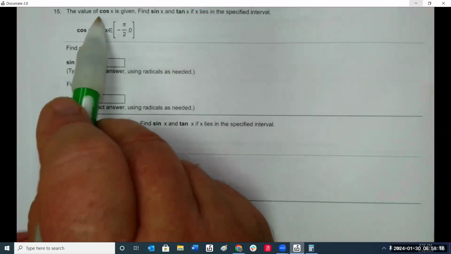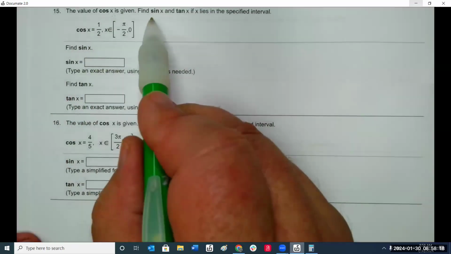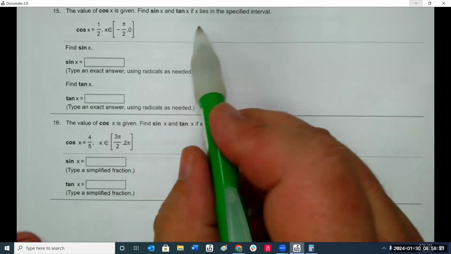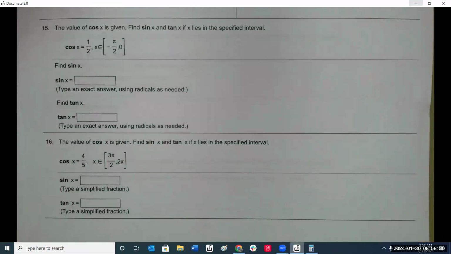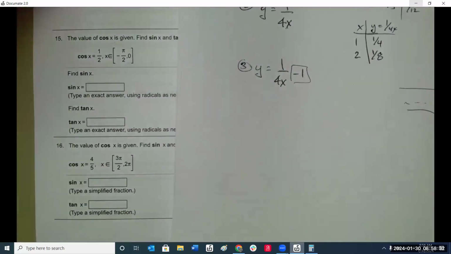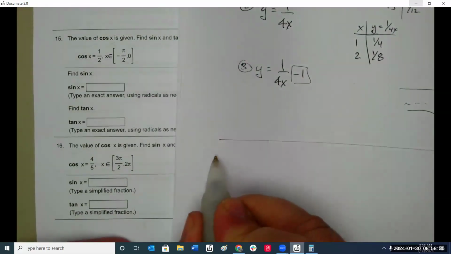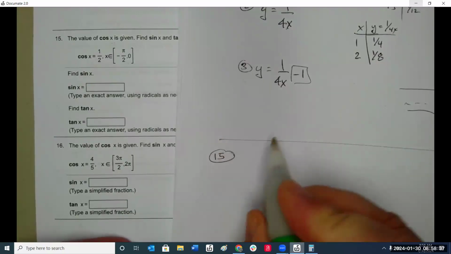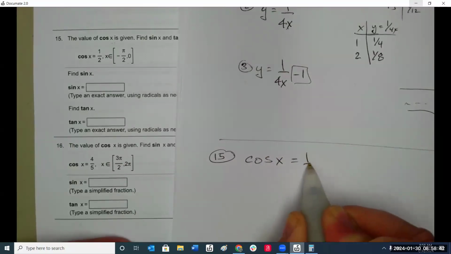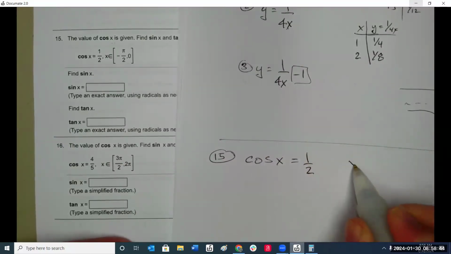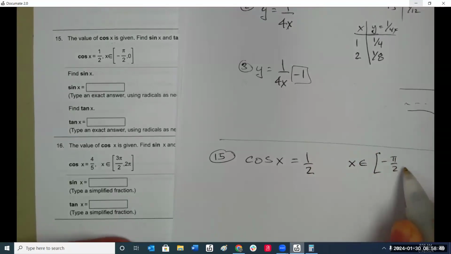Number 15, the value of cosine x is given. Find sine x and tangent x if it lies in a specific interval of this. They're saying cosine x equals 1/2, and x is in the interval negative pi over 2 to 0.